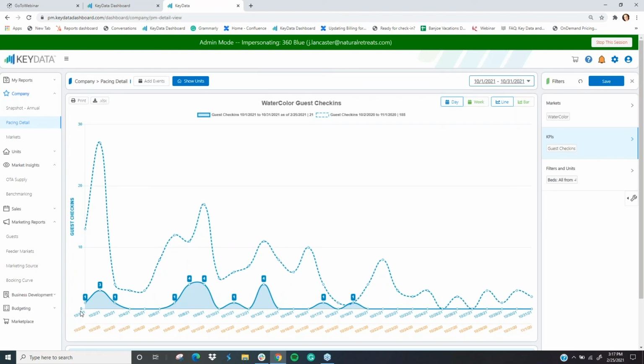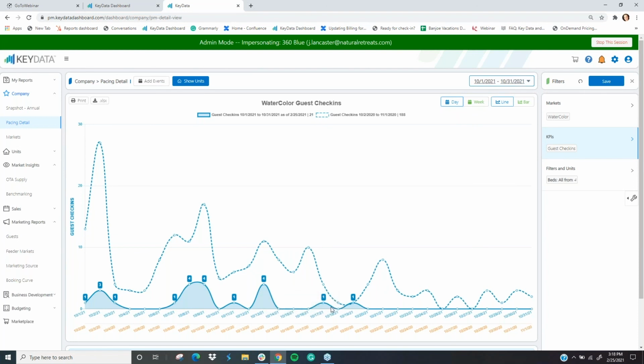So for instance, here we know that October 2nd has about 3 reservations coming in, and that I believe is a Saturday. And then we have the 8th and the 9th when we have 4 reservations coming in, which is a Friday and a Saturday. We have the 13th, which is a Wednesday. And then there's a couple of other places where we have 1 reservation.